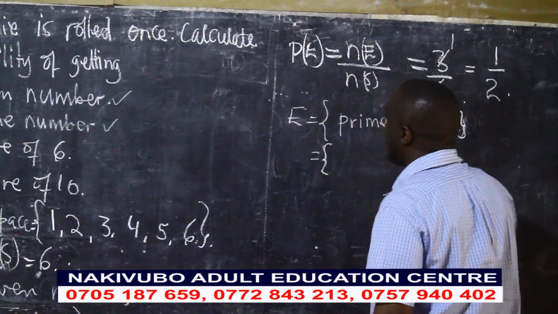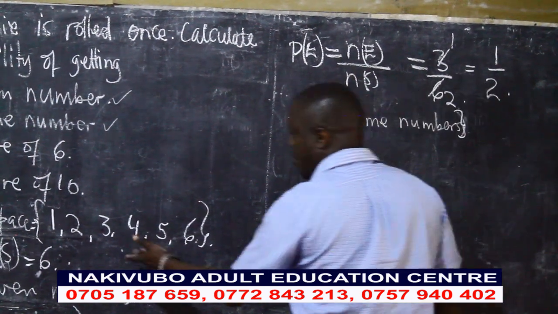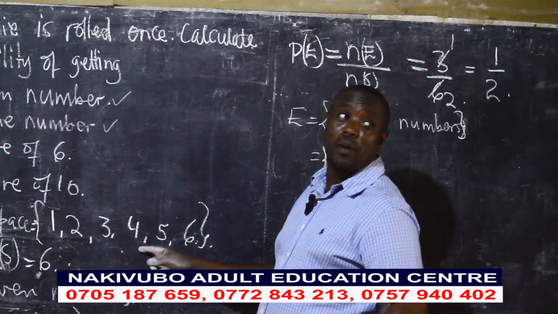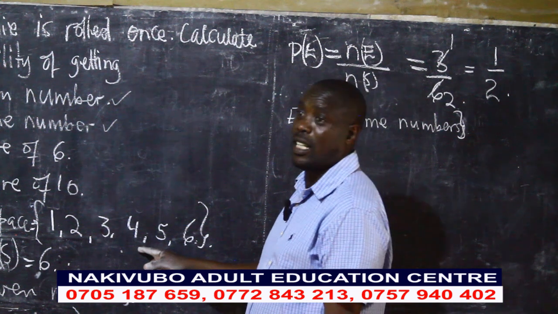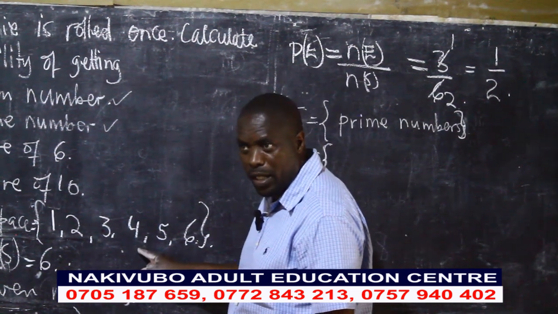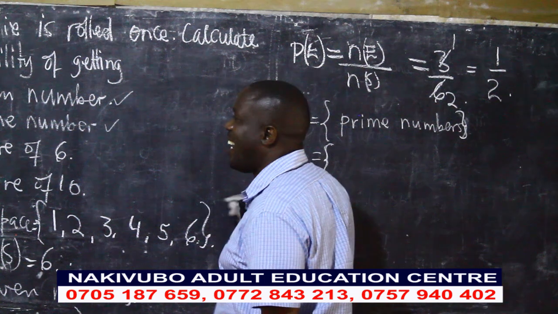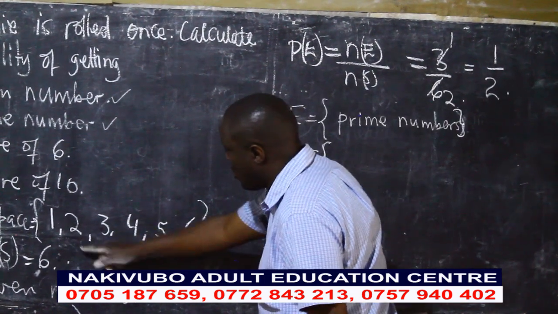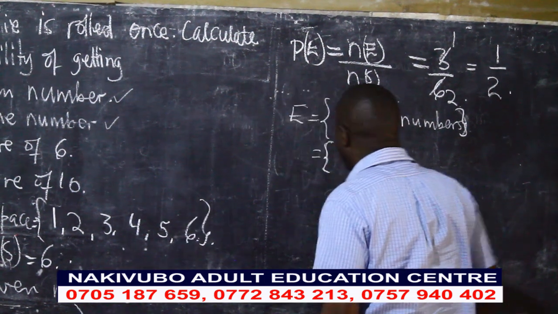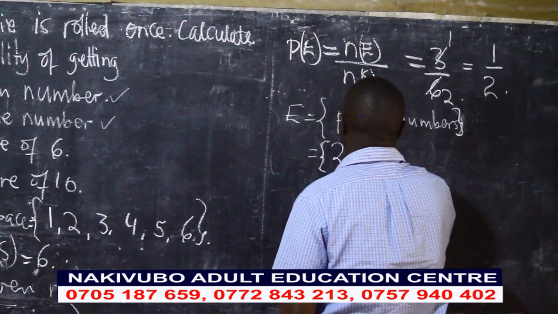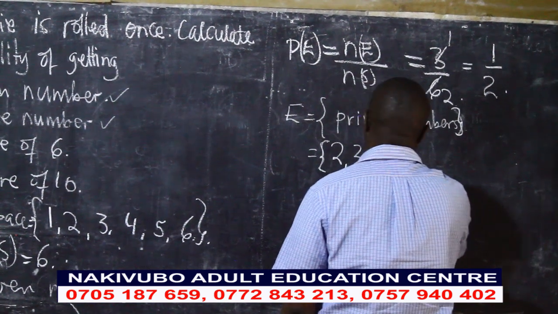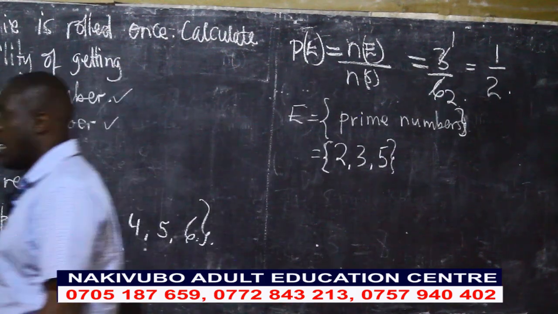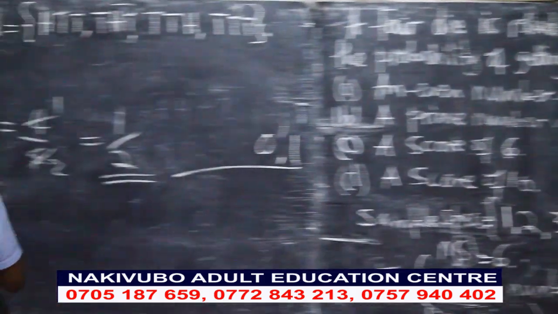So can you give me the prime numbers from among this sample space? The numbers are 2, 3, and 5.